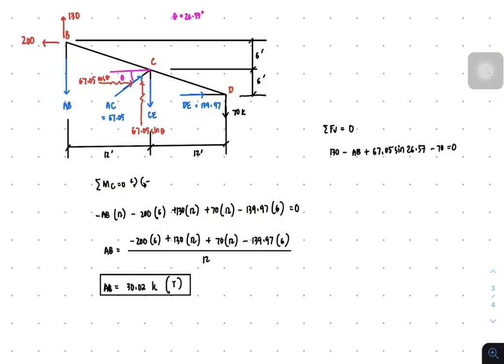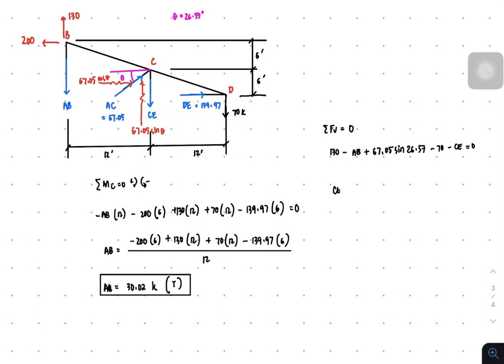So is it correct? We don't have the CE yet. Minus CE. So 5 terms. Equal to 0.